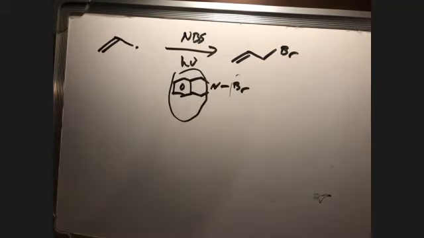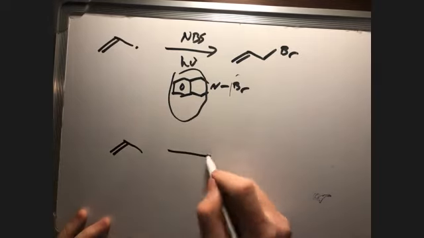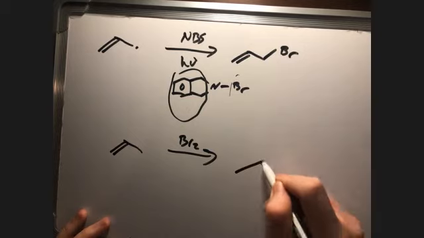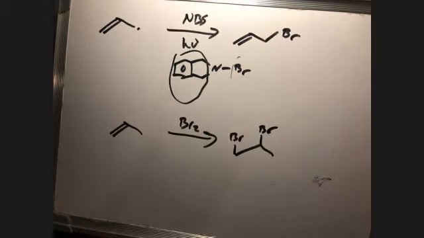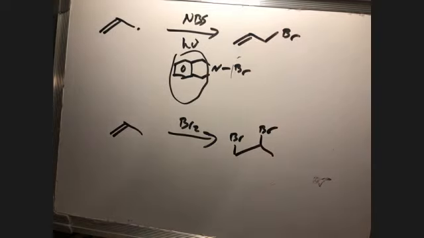It doesn't react with Br2 because remember, the alkene can react with Br2 to make the dibromo at the alkene. So if you don't have NBS, you'll get this product. So that's why you do this with NBS instead of Br2. So that gives you the allylic bromination.